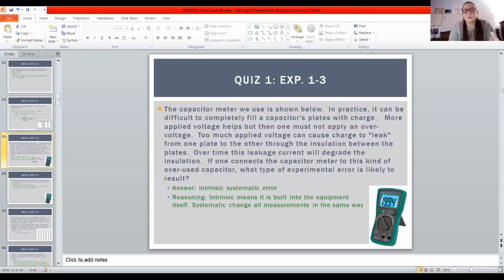He likes to do questions based off of pictures. So be familiar with reading an oscilloscope screen, what the Y direction means, what the X direction means, how to read a period versus a wavelength versus a peak-to-peak voltage, those sorts of things. I can almost guarantee that he'll have some questions based off of pictures.